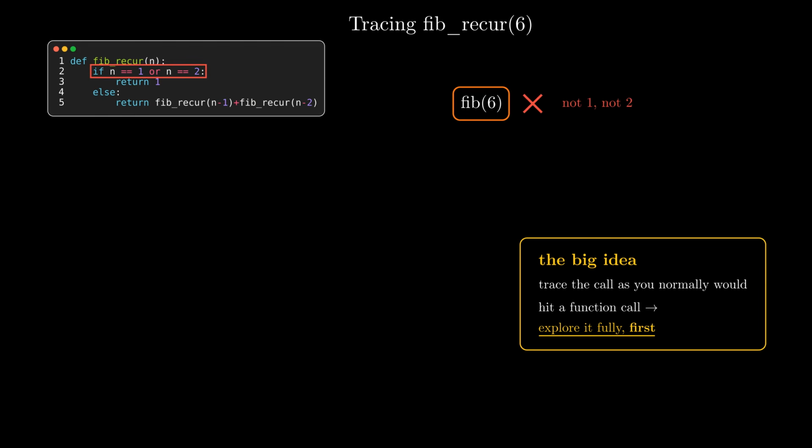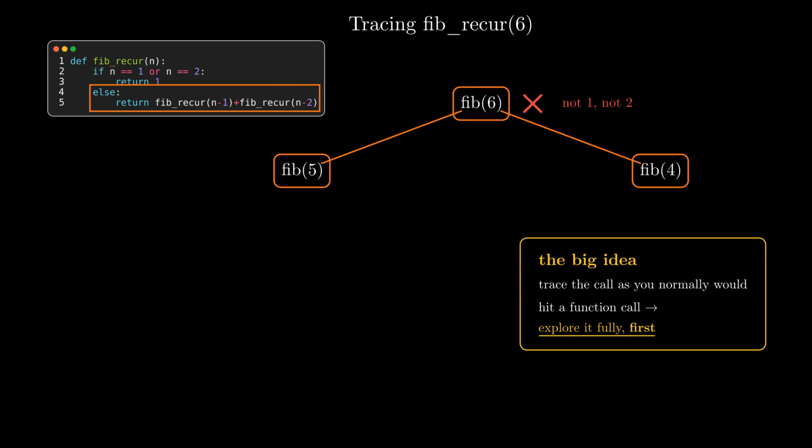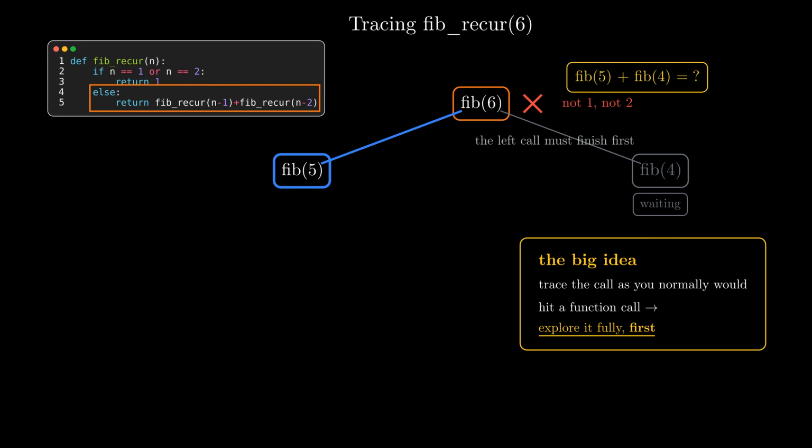Fibonacci of 6 does not match either base case, so it enters the recursive step. It must return fib_recur of 5 plus fib_recur of 4. It starts on Fibonacci of 5, and it cannot touch Fibonacci of 4 yet because Fibonacci of 5 is a function call. And the Fibonacci of 6 cannot add anything until it knows what that call returns.